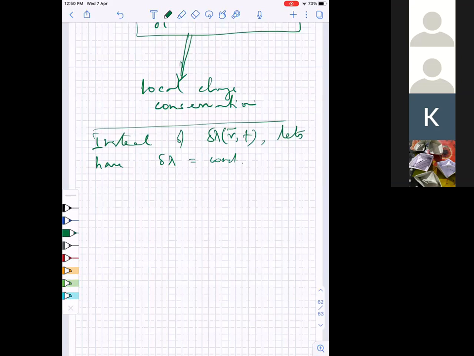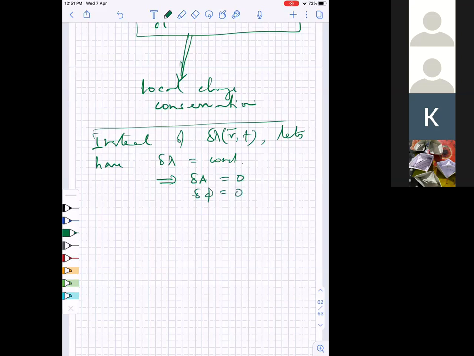If delta lambda is constant, then all the gradients vanish. So my delta A is equal to 0, because delta A gave a gradient of lambda, and also delta phi is equal to 0.